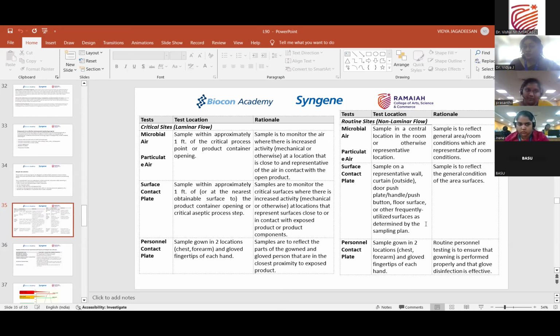So here, any increased activity in this particular unit has to be controlled. Keep sterilizing this area very often, and use surface contact plates.